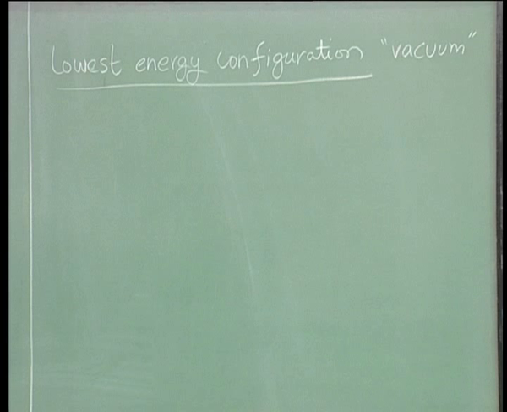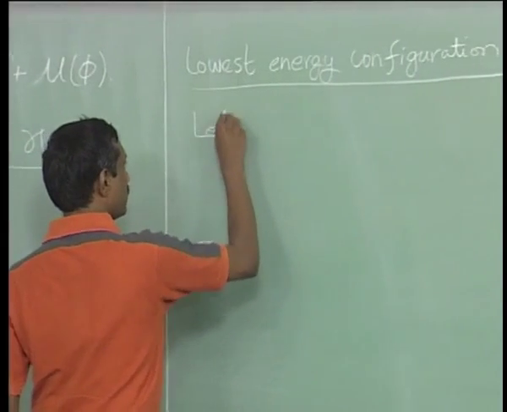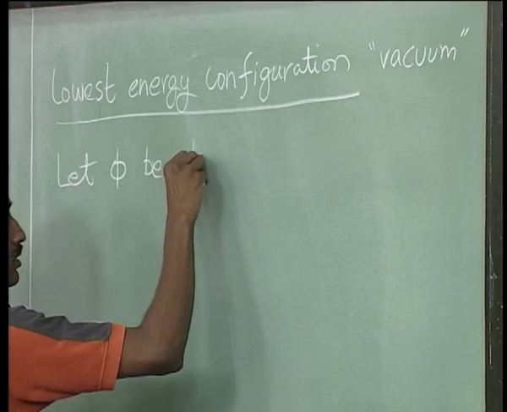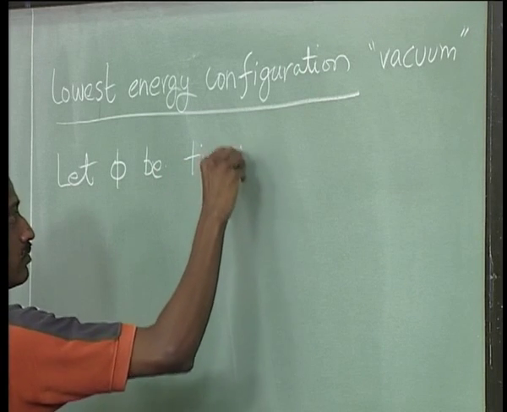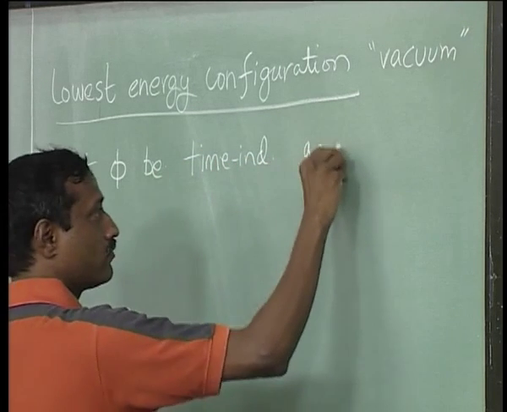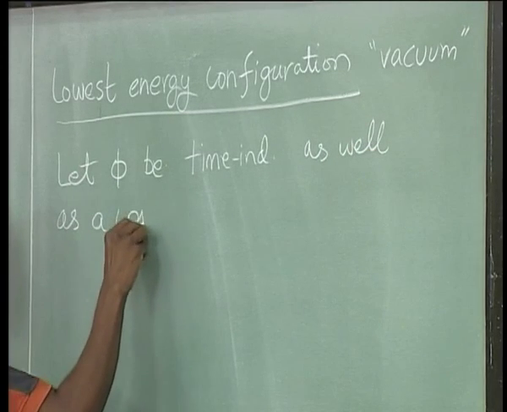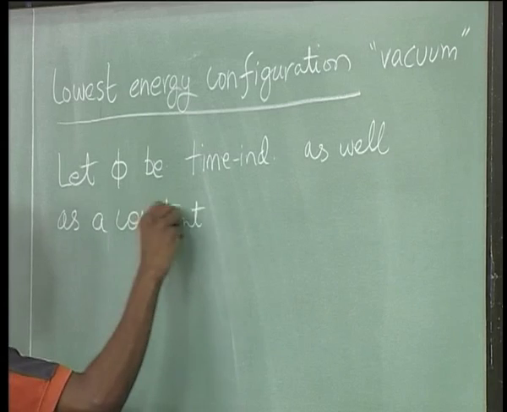So, we can get these two terms to be 0 by choosing phi to be time independent as well as a constant in space.